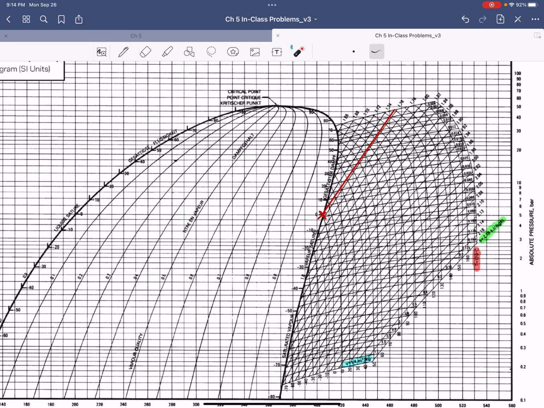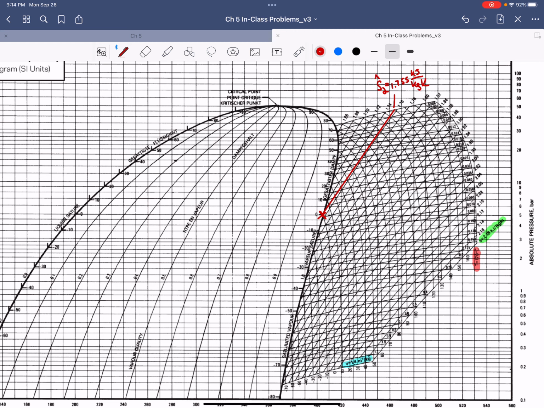Once again, this is the entropy line. For this number here, it's actually kind of closer to 1.76. So I'm going to call this 1.755 kilojoules per kilogram Kelvin. So it sits on that entropy line.